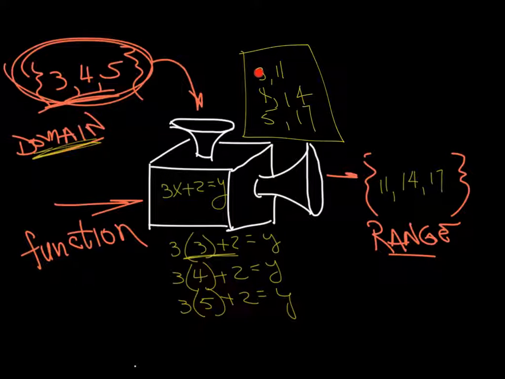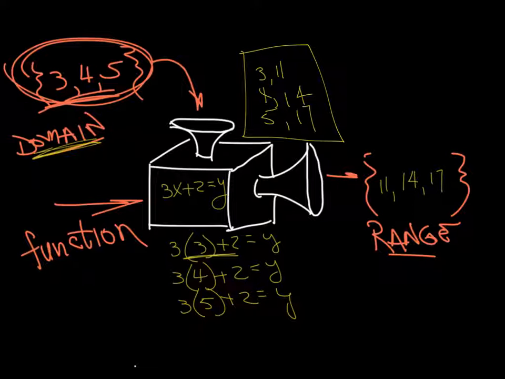So 3 corresponds to 11, 4 to 14, 5 to 17. That means that that is a function because each of my x values corresponds to one y value.